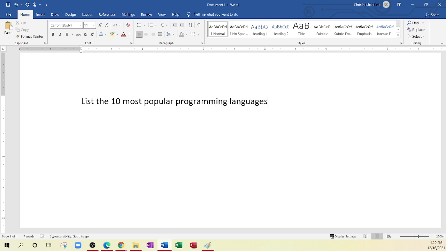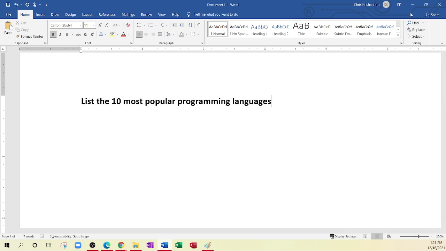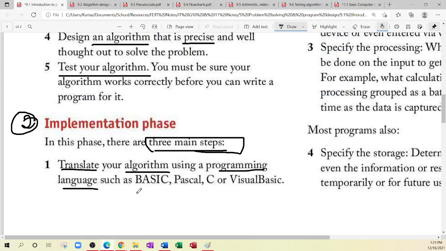So that's homework for you guys. List the 10 most popular programming languages. And it's important that you do because it's good to know what are some examples of programming languages.